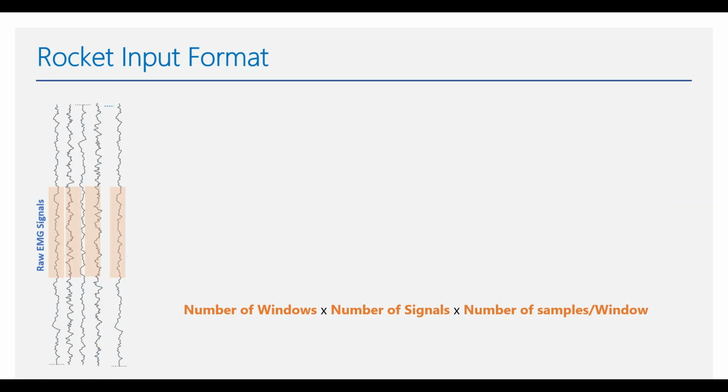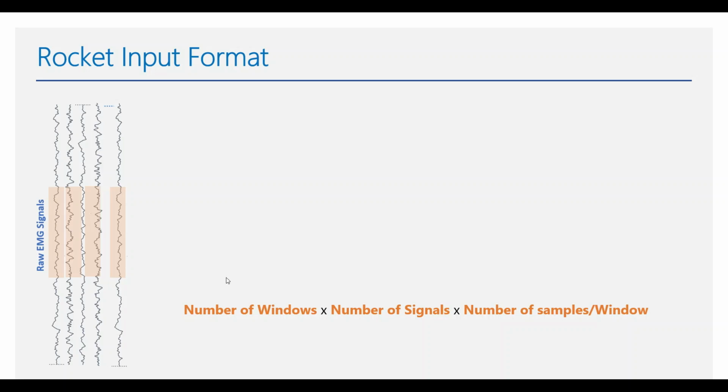Now, before I dive into the Python implementation of Rocket, I just wanted to remind you of the input format for the Rocket implementation. If you have a number of EMG signals, or any kind of time series data, it doesn't have to be EMG, you extract windows of these signals.